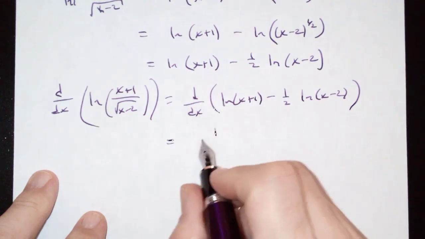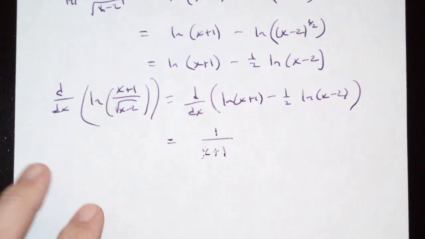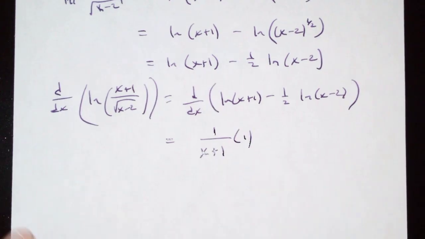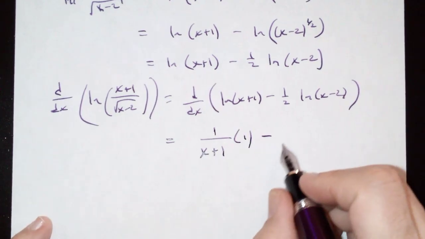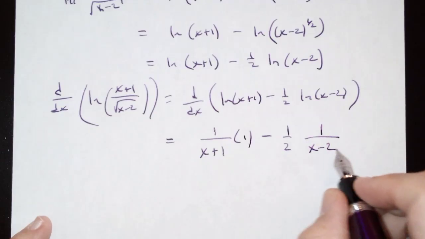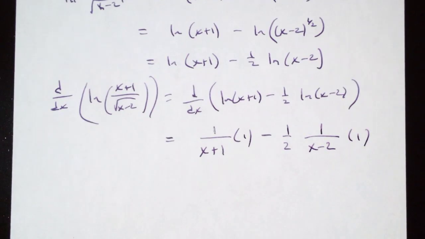This is 1 over x plus 1 times the derivative of the stuff, 1, minus 1/2, 1 over the stuff times the derivative of the stuff. That's not a little bit easier. That's a whole lot easier.